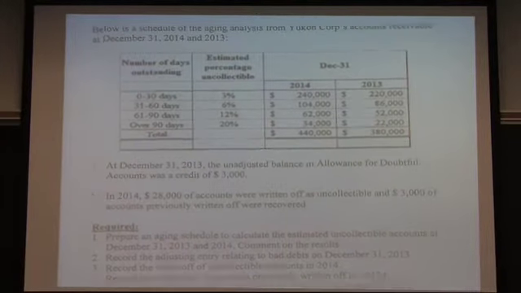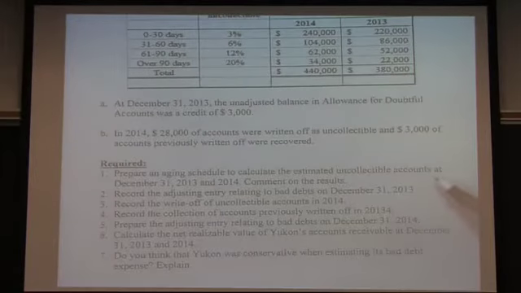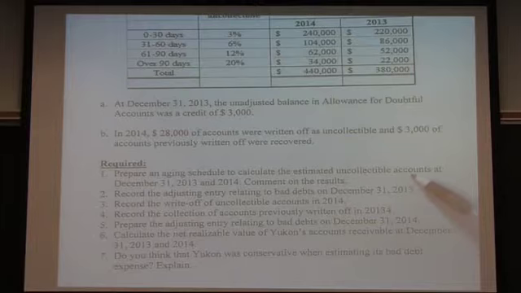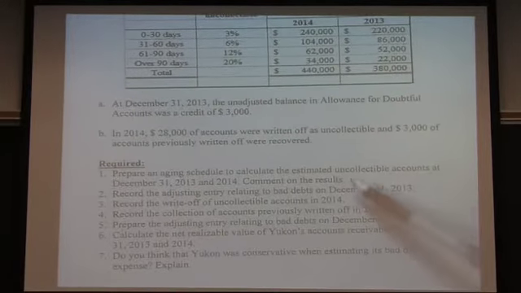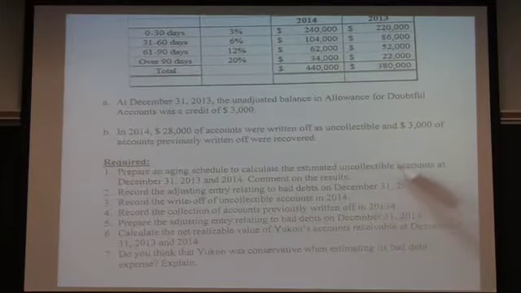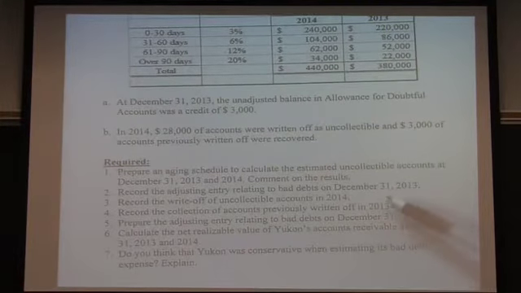The first thing they would like you to do is an aging schedule to come up with the amount they should provide for the uncollectibles at the end of 2013 and 2014, and comment on the results. They also want the adjusting entry for the bad debts on December 31st, 2013.